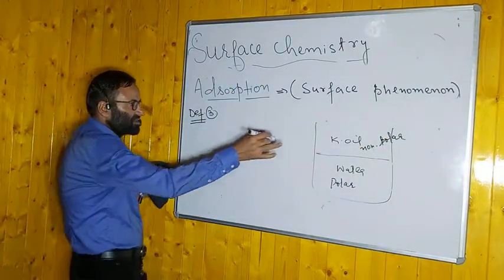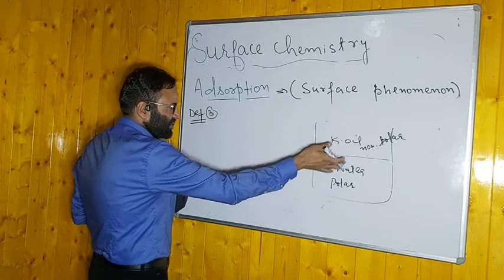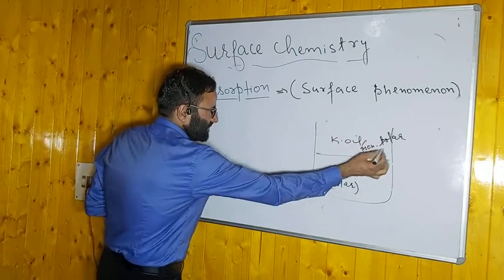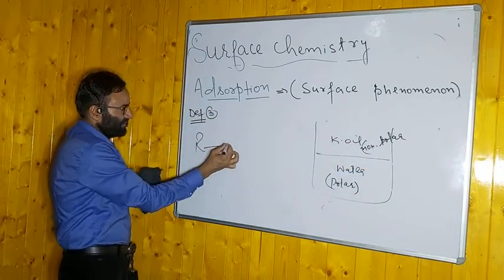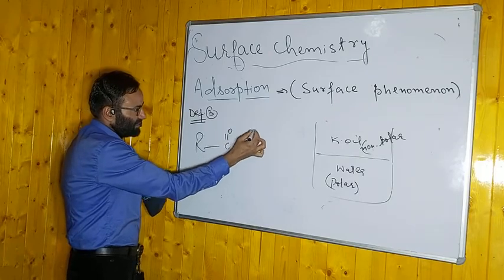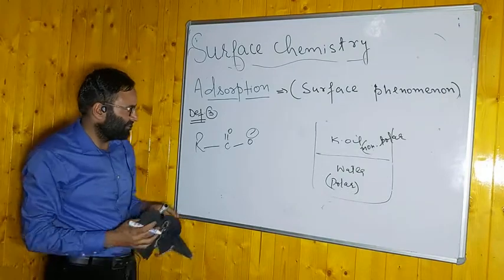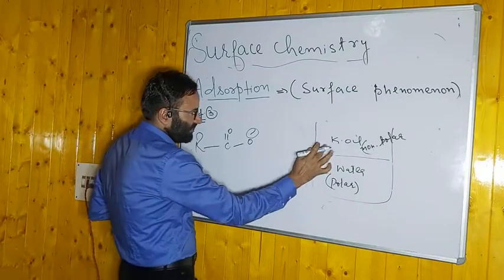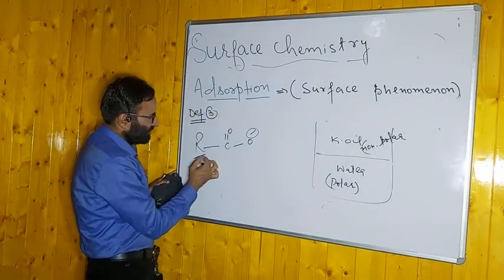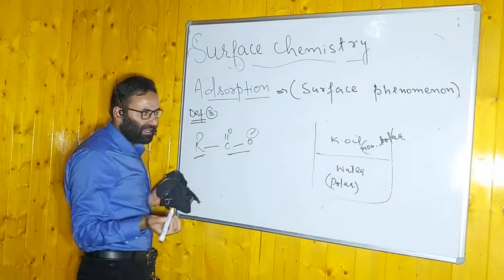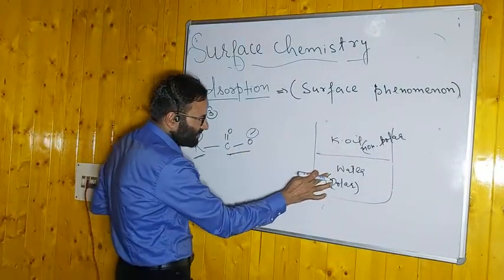If you add soap into this mixture of kerosene oil and water, this is polar, this is non-polar, and you have soap, R-C double bond O minus. If you add soap into this, what will happen? The R part will remain in the kerosene because it is the non-polar part, and the polar part will remain in the water.